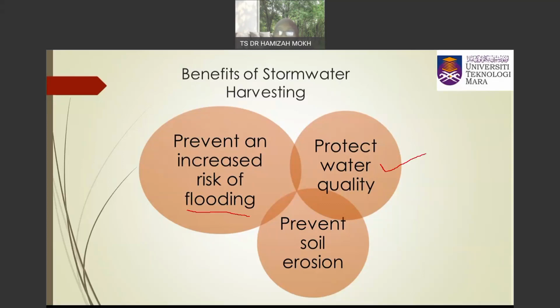Same as the first one, where we collect the stormwater, it does not seep or infiltrate into the soil, so we can reduce the transportation of water as well as protect the water quality. The last one is also prevent soil erosion, by preventing the water from infiltrating the soil and causing soil erosion.